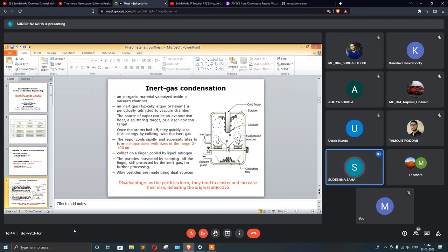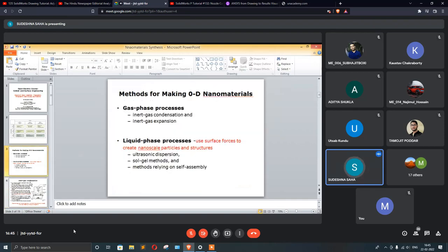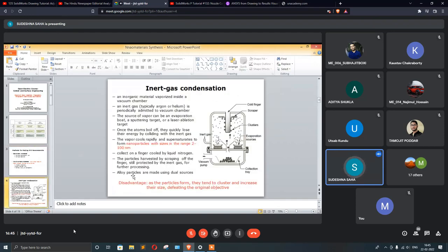And you can further process these materials once you collect them. Now the main disadvantage of this kind of process, and also of the next one, the inert gas expansion process, is that most of the time it is difficult to control the size of the clusters. There are two steps in these processes.